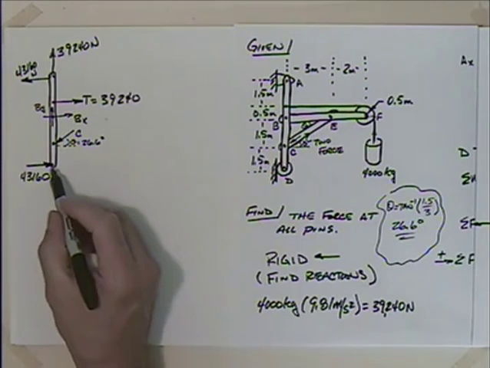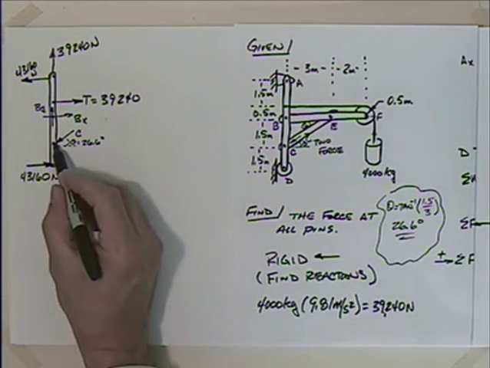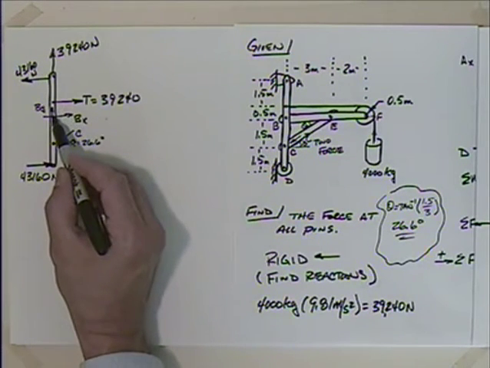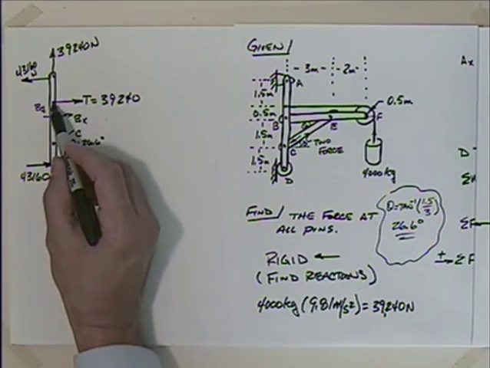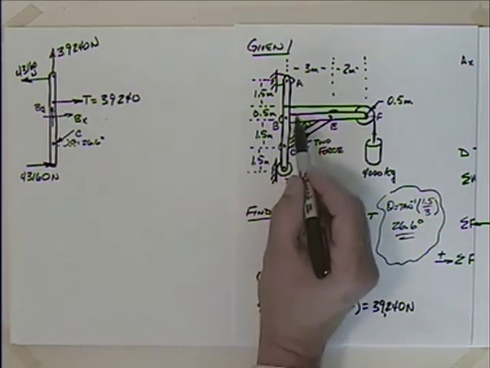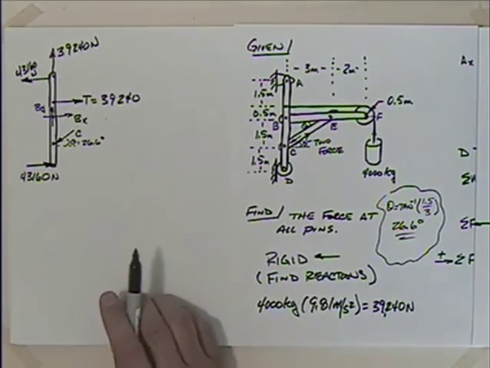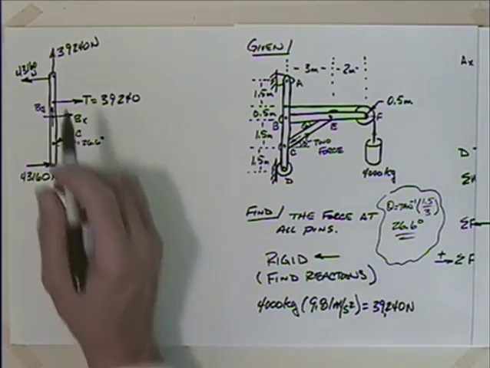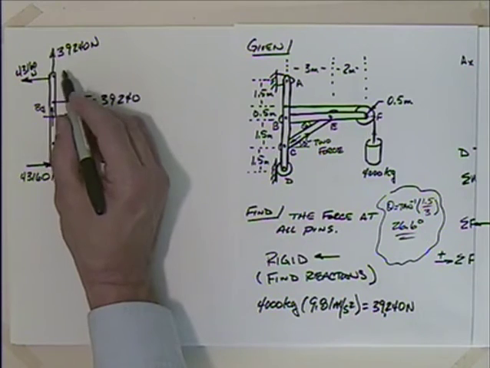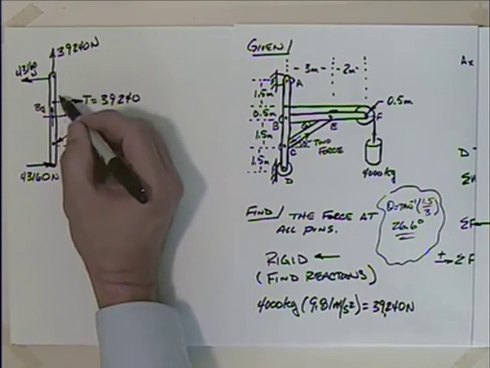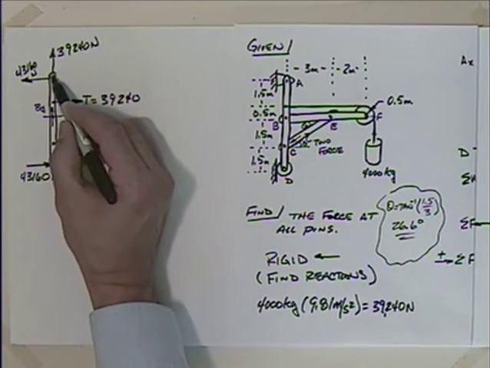So I've taken care of D, I've taken care of what's going on at C, I've taken care of the pin at B, and I've taken care of the tension in the cable there, and A. Okay. Well, let's see. As far as finding the force in all the pins, I know what A is.